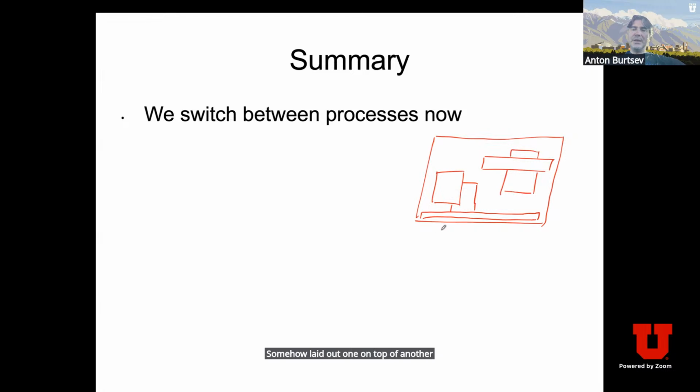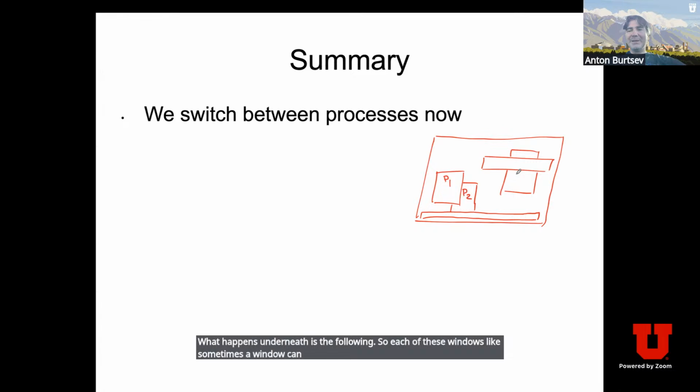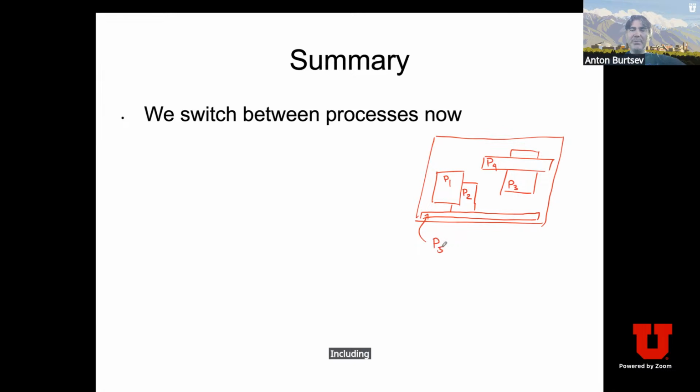We see them on the screen. What happens underneath is the following. Sometimes a process can implement multiple windows. I'm not a big expert on Windows systems, but let's imagine each window is a different process, including this taskbar, like P5.